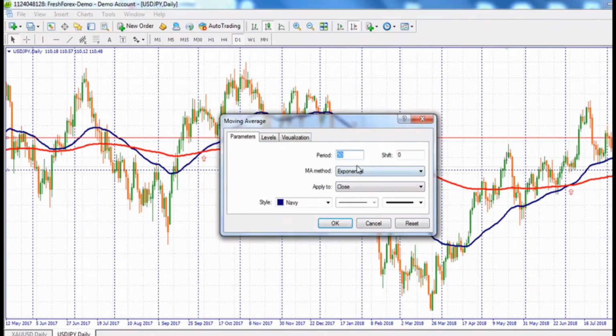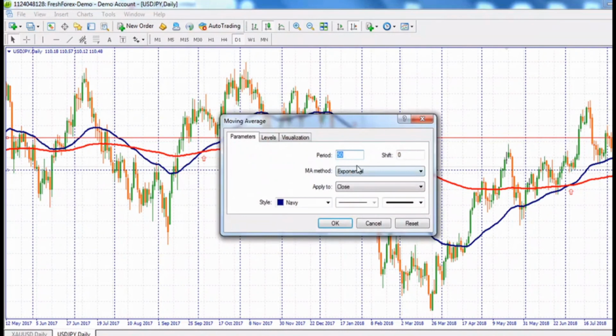Strategy tester gives you the ability to look at an array of periods, and the one which works best is the one you use. So that's how I came up with 200 here, and in the same way I came up with 50 here. That is how I came up with those periods.